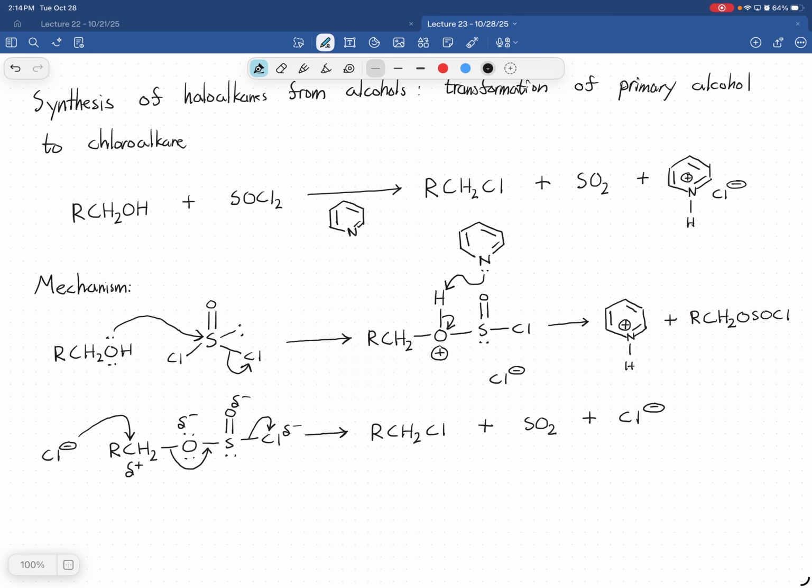Alcohol to the primary alkyl halide, use SOCl2, which is called thionyl chloride. If you just remember SOCl2, I'll know what you're talking about. If you misspell it, that's fine too, as long as it's not anything other than sulfur, we'll be okay.